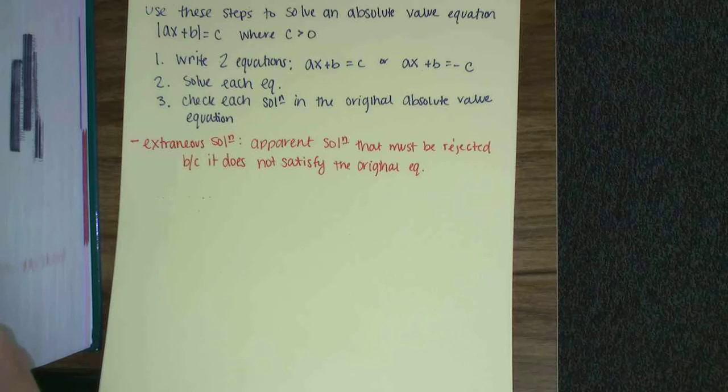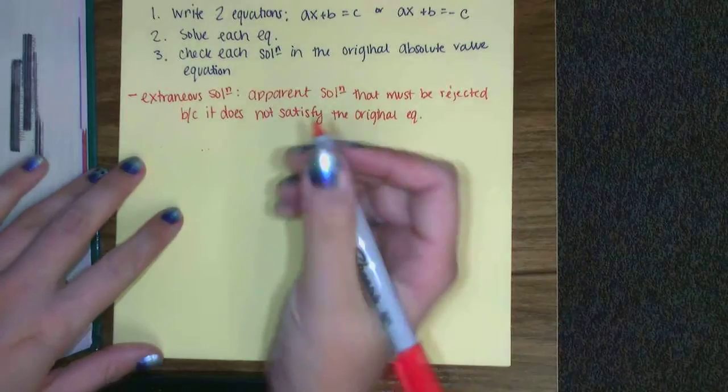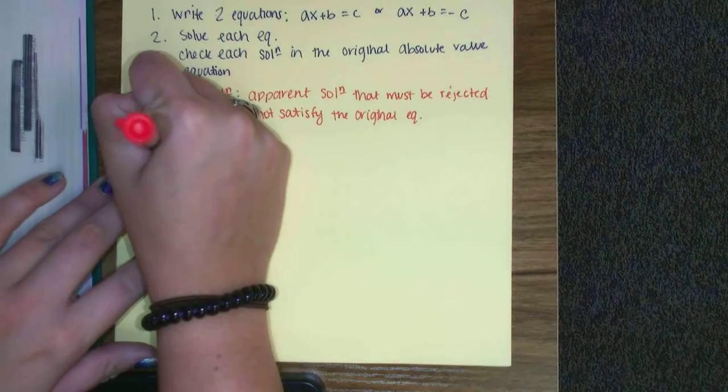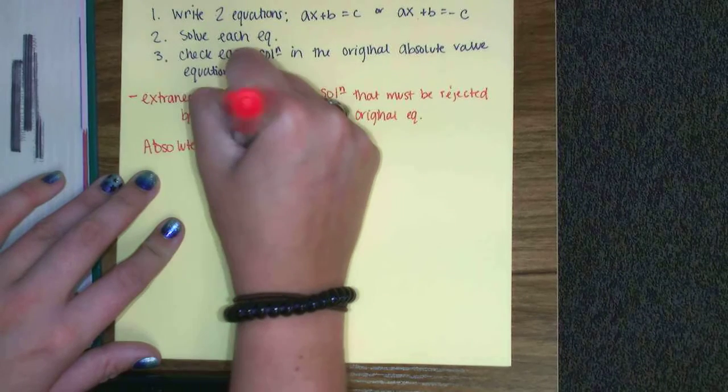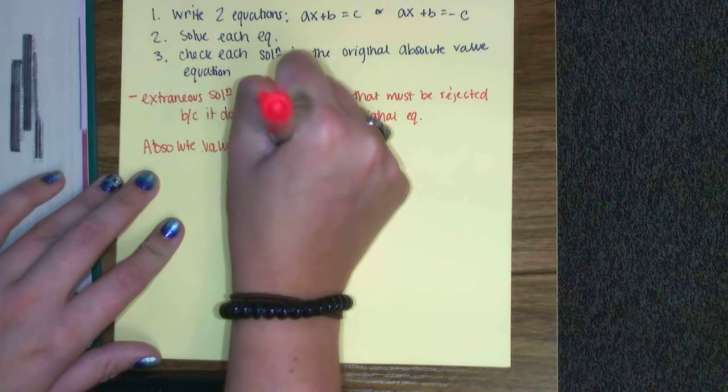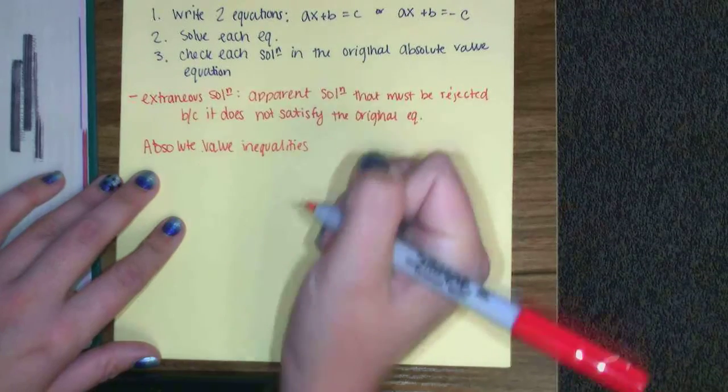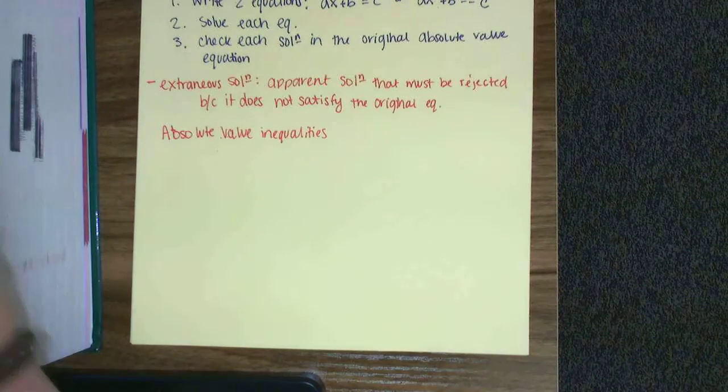So kind of a continuation from the last section, we have absolute value inequalities. So this is going to be a table.